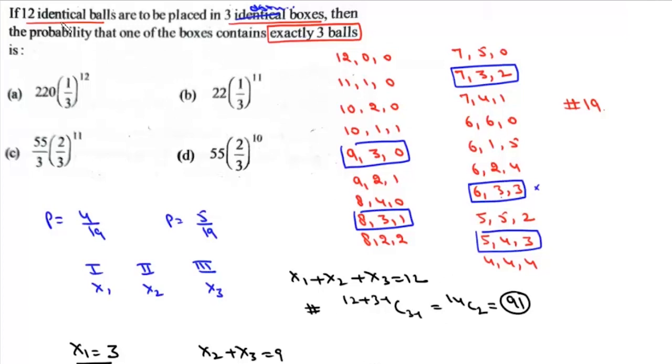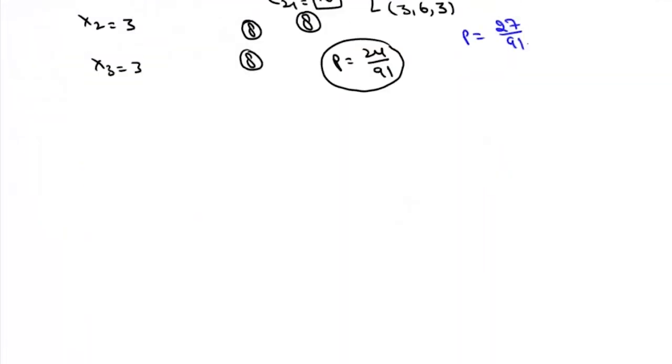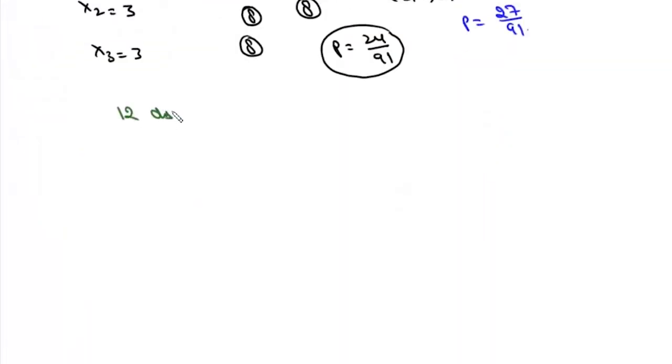Now if it is 12 distinct balls in 3 identical boxes, then it's a distribution problem, which is very lengthy to calculate. So I won't calculate that one. So now I'll consider the case when we have 12 distinct balls which are to be placed in 3 distinct boxes.